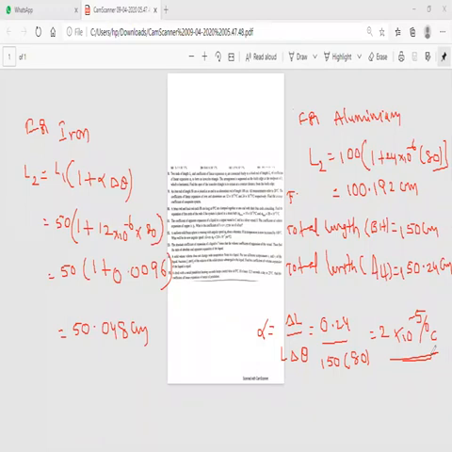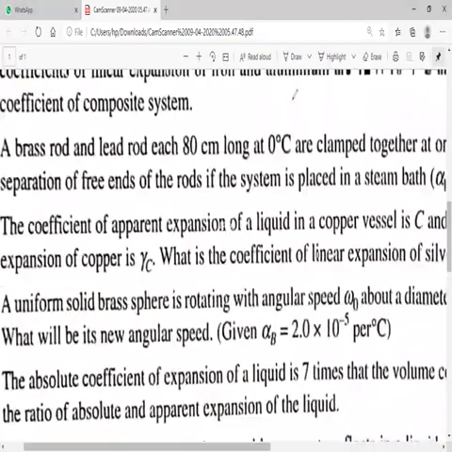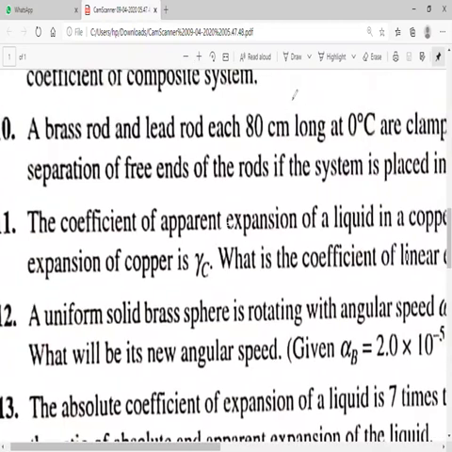And now the next question is the 10th one. Question number 10: a brass rod and a lead rod, each 80 centimeters long at 0 degrees Celsius.